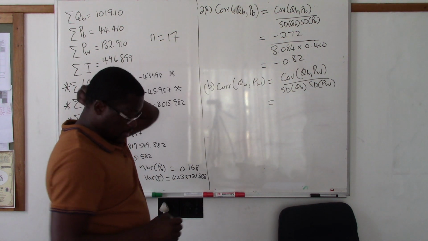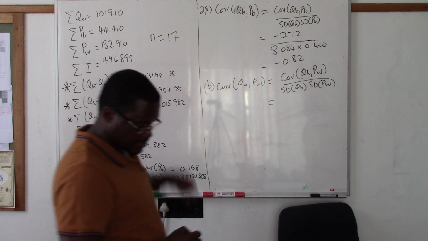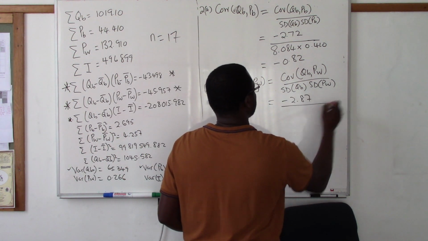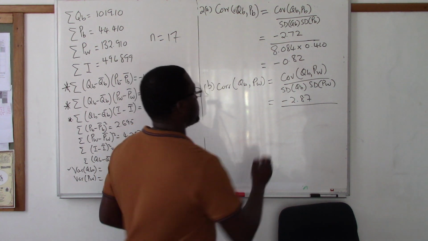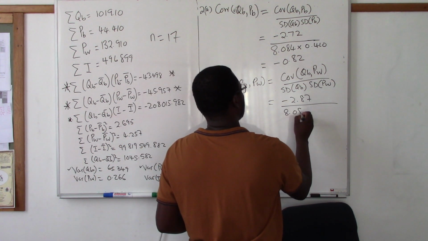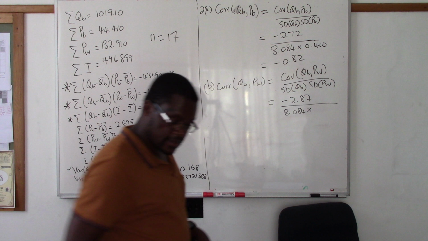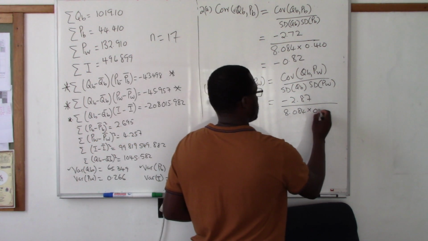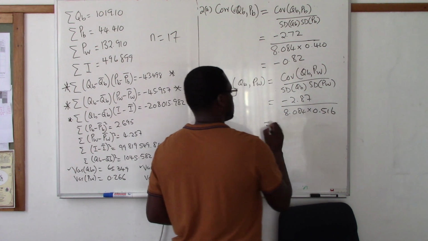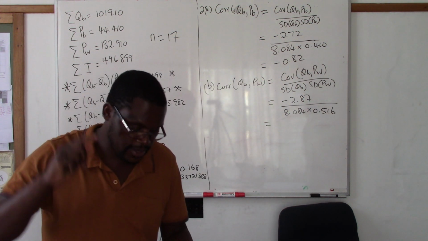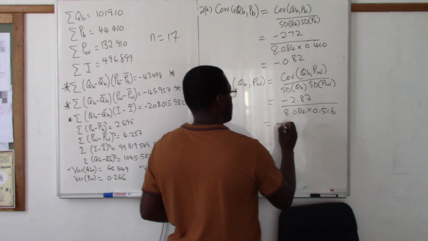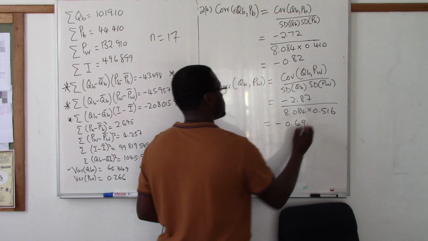Now, the covariance was minus 2.87, and we are to divide this by 8.084 by the standard deviation of PW, which is 0.516. You should be able to get something like minus 0.69.